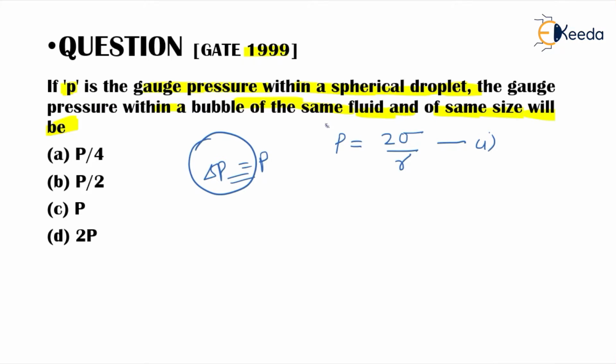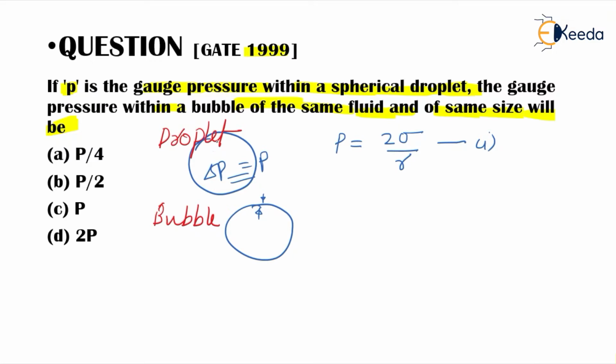Now he is saying that if it is to be a bubble, this is a droplet, but he is saying if it is to be a bubble. We know that in the case of a bubble, there are two surfaces, one is this and one is this.